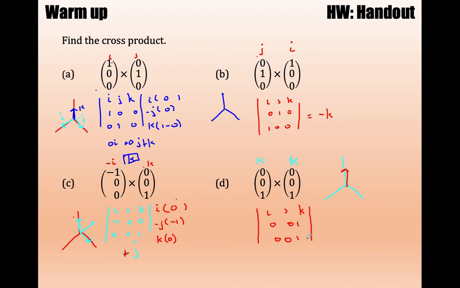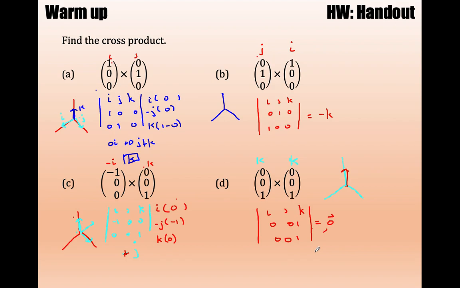So again, maybe you can picture the first mini determinant I'm going to do, which is going to be 0 minus 0. The second mini determinant is the i with the k, so I get 0 times this one and 0 times this one. And then the last determinant I'm going to do is the i and j ones, which are zeros. So, right, I get the 0 vector. And that shouldn't be surprising.